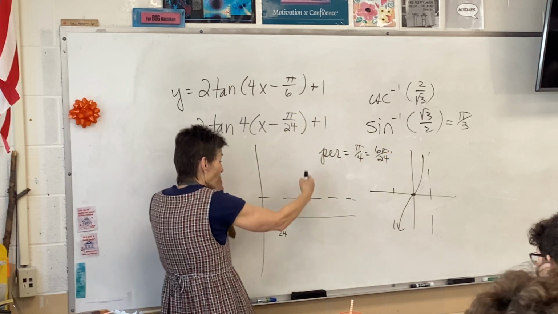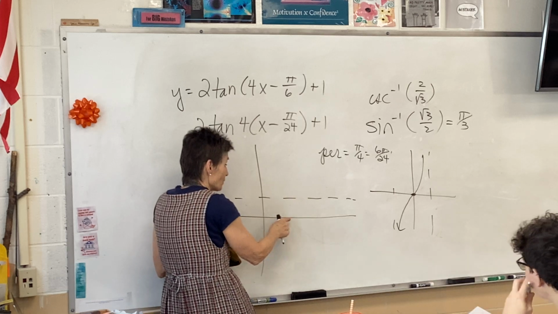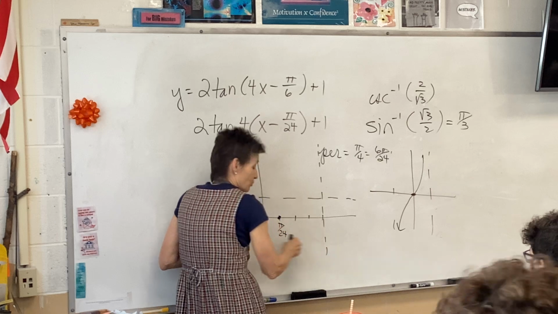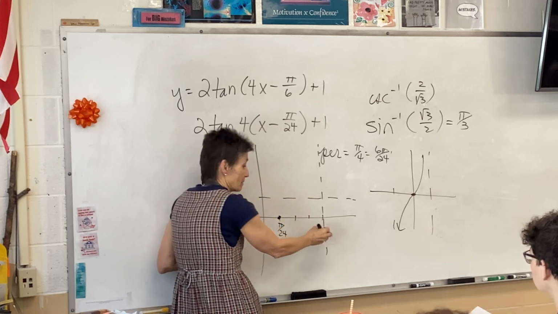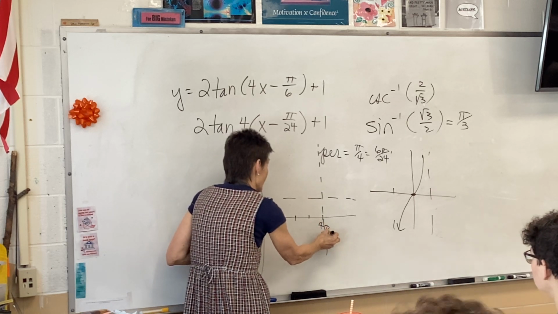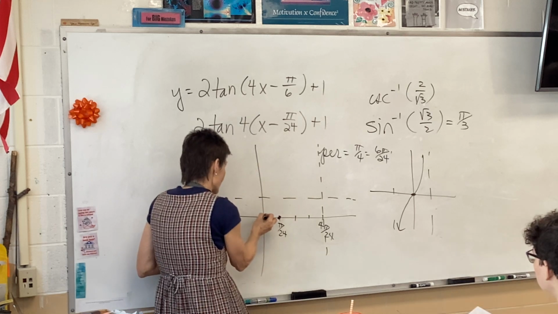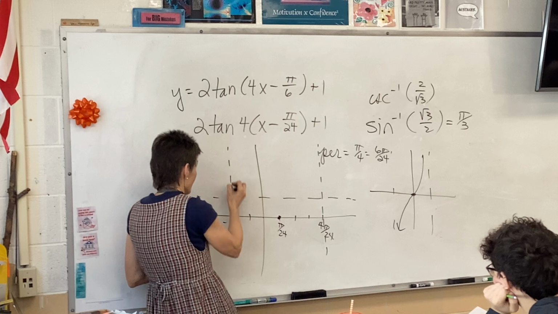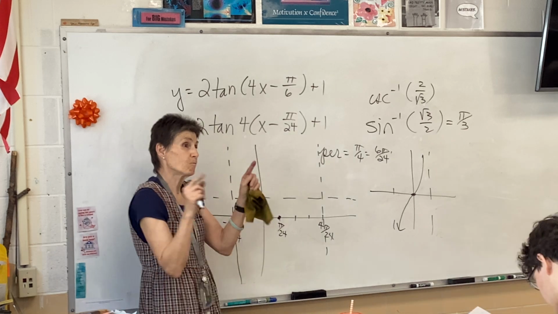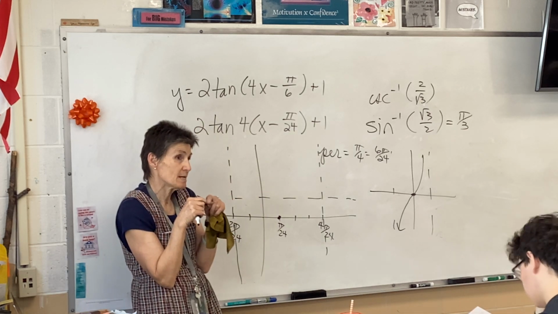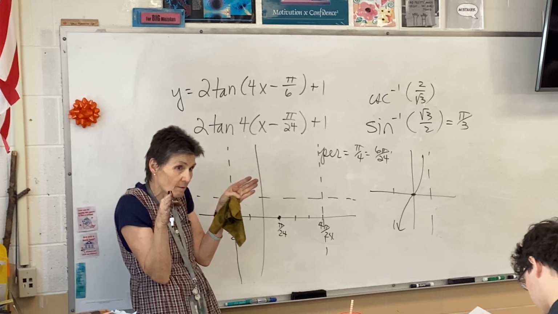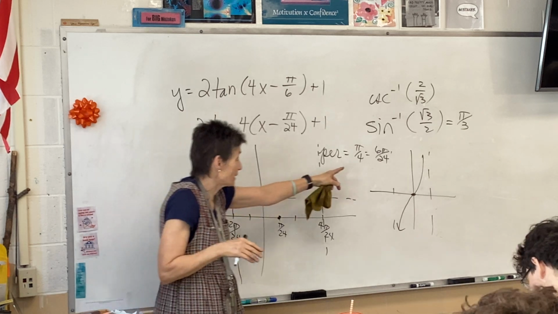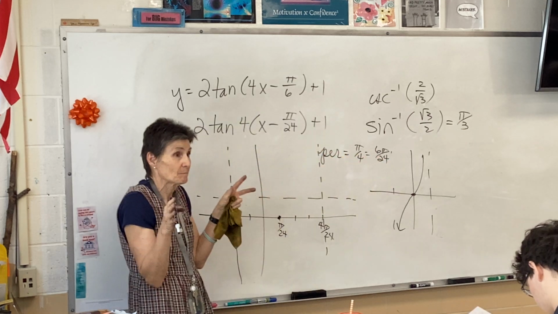So to find out where to put the asymptotes, I'm gonna have to go forward 3/24 and backwards 3/24. Because if I go forward and backward 3, that will give me a total of 6. My period is 6.